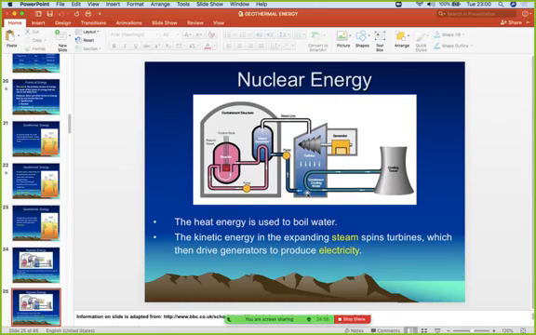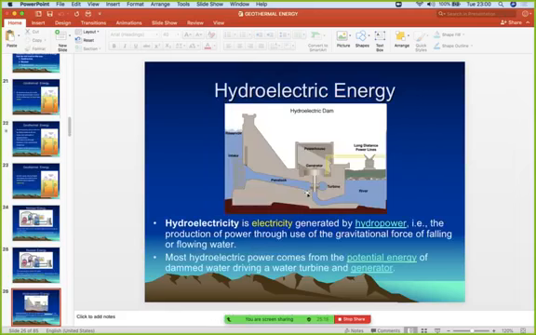You can read about what happened at Three Mile Island as well as the Chernobyl case. There was overheating. So the main problem now is the integrity of the cooling system whenever there's a malfunction of the reactor. So after the nuclear, we go to hydroelectric energy.